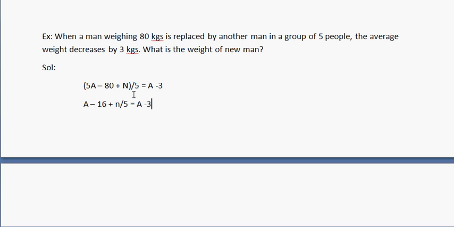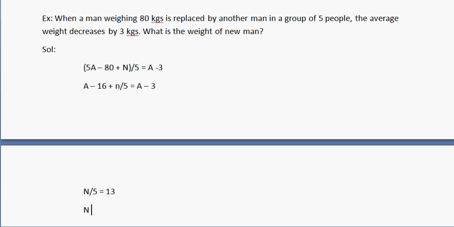A and A will get cancelled and we would be getting N by 5 is equal to 13, since 16 minus 3 is 13, or N is equal to 13 times 5, which is 65. So this is the weight of the new man, which is 15 less than the previous one.